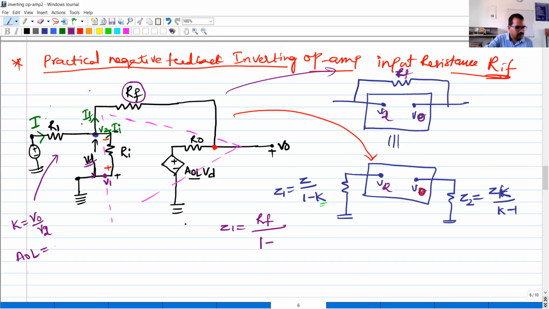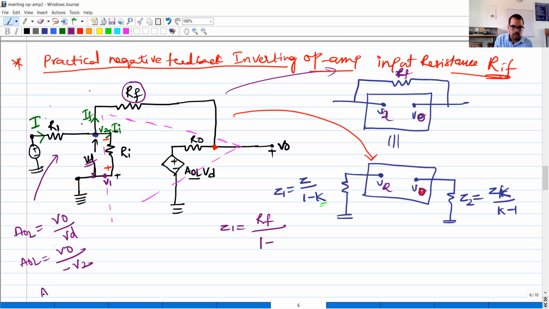Now here AOL, the voltage gain, is equal to V0 by VD. Just now we calculated that VD is minus V2.